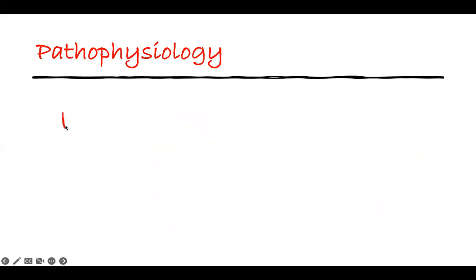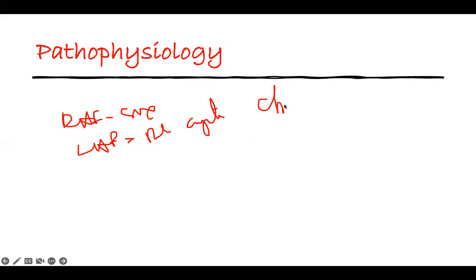Like you said, right-sided heart failure is systemic vascular congestion. Left heart failure is what? Pulmonary congestion. So you're looking for the answer choice of pulmonary congestion. If they tell you the patient has chronic CHF, or chronic heart failure, they are trying to tell you the patient has left heart failure plus right heart failure.